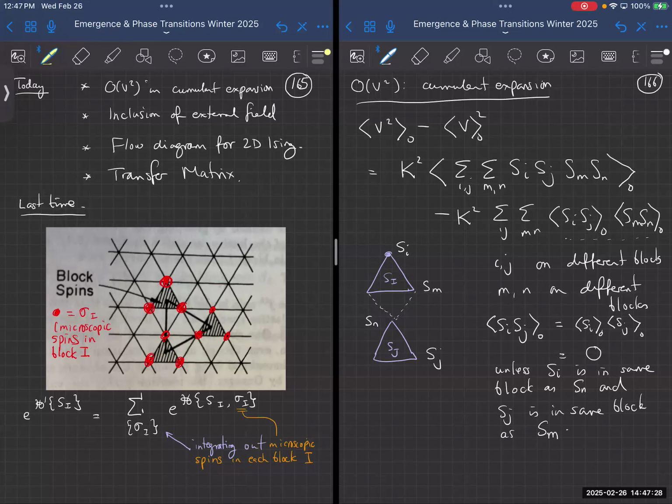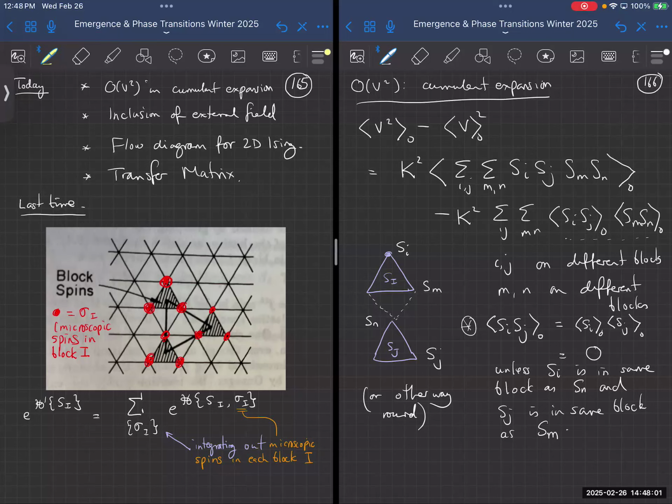If you have this equation, then everything will factorize and be 0. So what you have to have is that I is in the same block as M and J is in the same block as Sn, or the other way around. It doesn't really matter. And then this thing will not be zero. There'll be quadratic terms that don't cancel out.